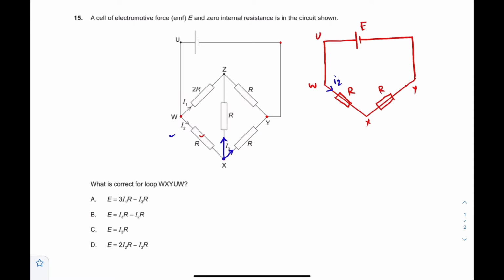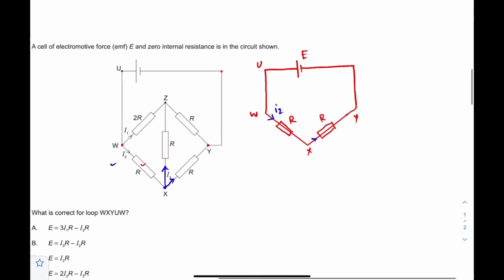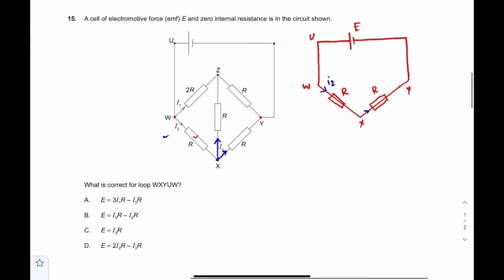So we need to find the current in this loop also. In the junction X, the net incoming current is I2. The net outgoing current is I3, going in the ZX loop. So over here also there will be some current flowing out.